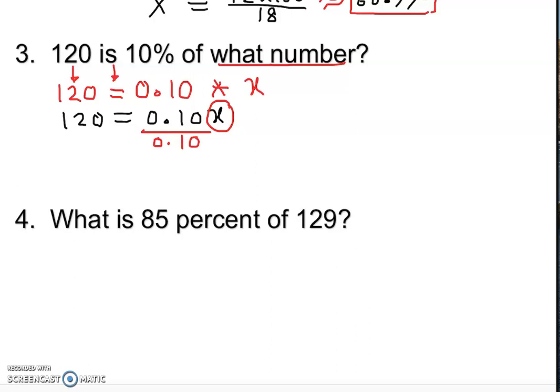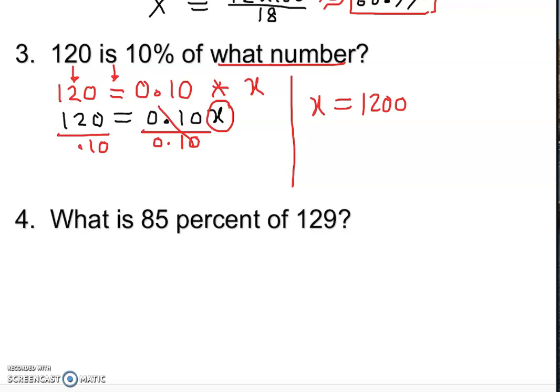So divide by 0.10 and this will get cancelled, and x is going to be equal to 1200. Remember, we have learned how to divide a whole number by a decimal divisor. You must move the decimal to the right to make it a whole number in order to divide it. Or you simply use your calculator.